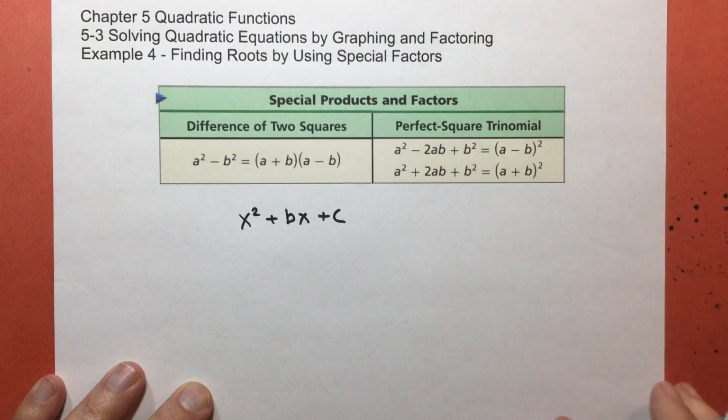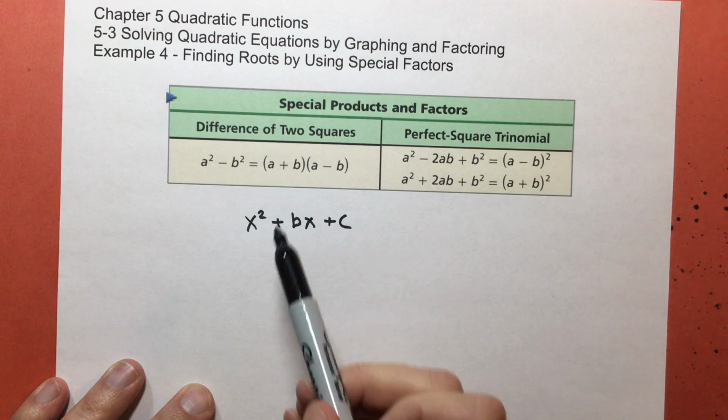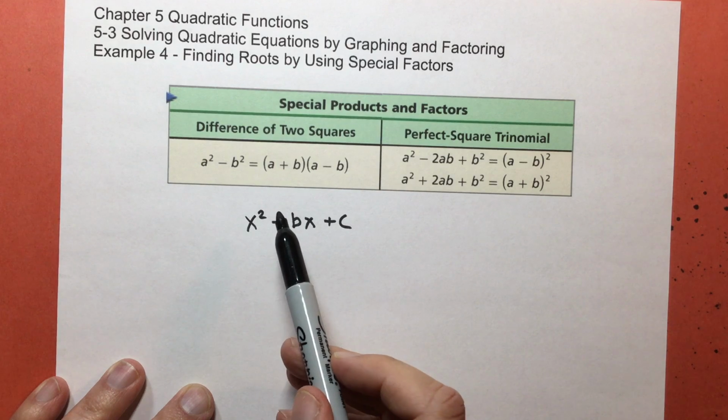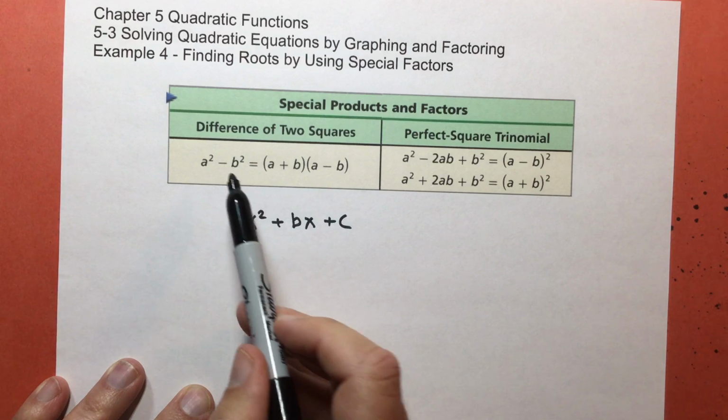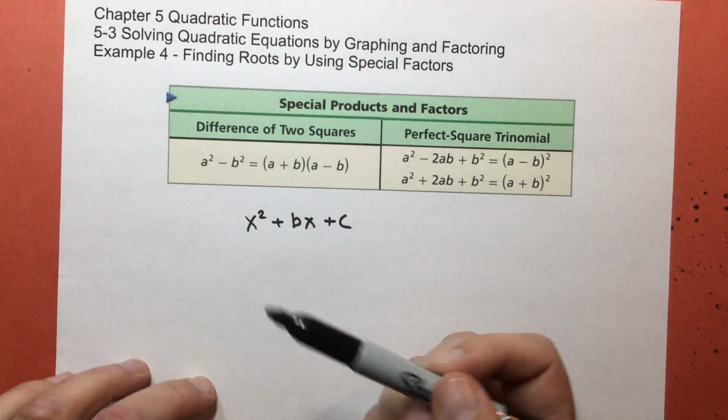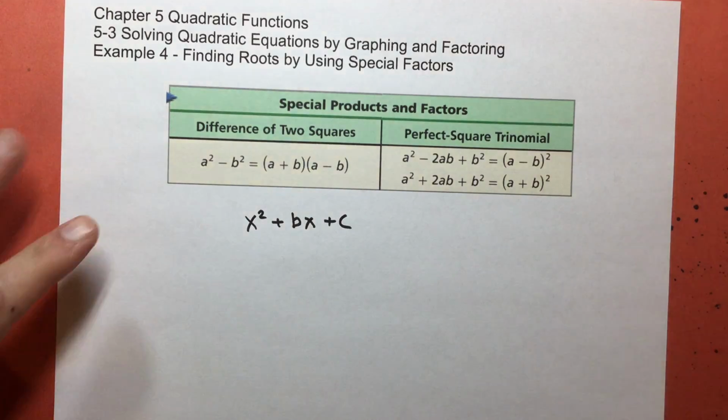One of the factoring skills we're going to be dealing with is called the difference of two squares. That's where I have a plus b times a minus b, and that looks like a squared subtract b squared, the difference of two squares.